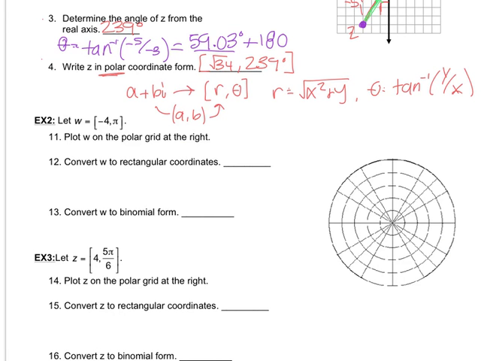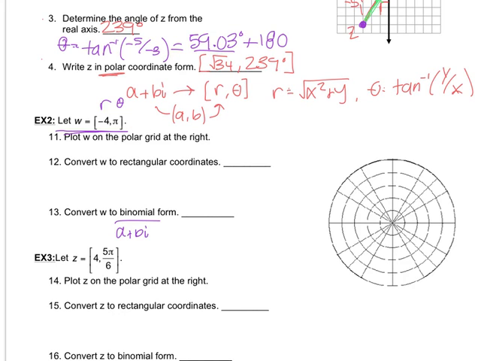This next example, example 2, takes the coordinate that's given to us in polar form. We're looking at the value of r and theta, and our goal is to convert that to binomial form, which is a plus bi.